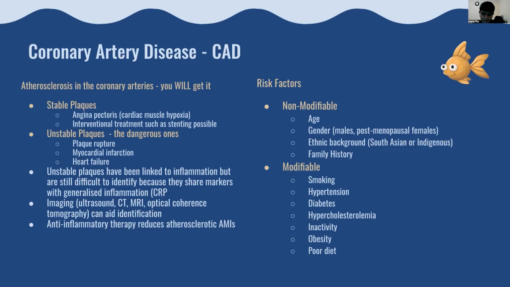In modifiables, smoking is a risk factor for basically everything, so that's always going to be one. Hypertension, diabetes, hypercholesterolemia, inactivity, obesity, and poor diet. A lot of these things you might associate with unhealthy diet, or individuals having a high lipid content within their blood. Now, I'll show you what that leads to in the next slide.